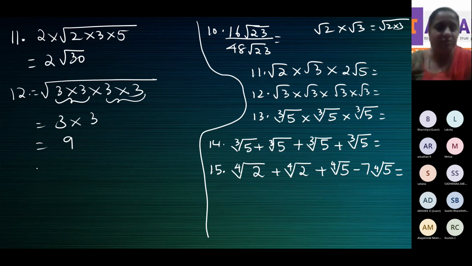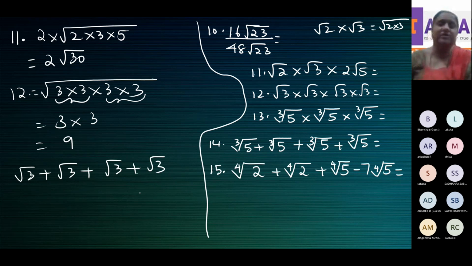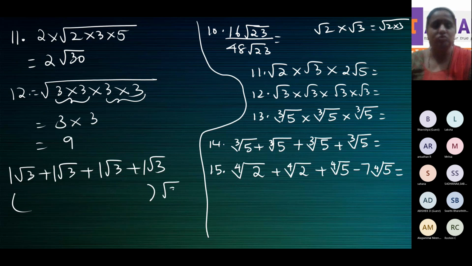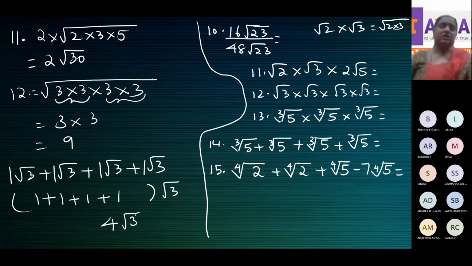See, there's a difference between this and, what is root 3 plus root 3 plus root 3 plus root 3? This is different. Here, this is 1 root 3 plus 1 root 3 plus 1 root 3 plus 1 root 3. So here we take out root 3 common. In the bracket, you get 1 plus 1 plus 1 plus 1, and the answer is 4 root 3.